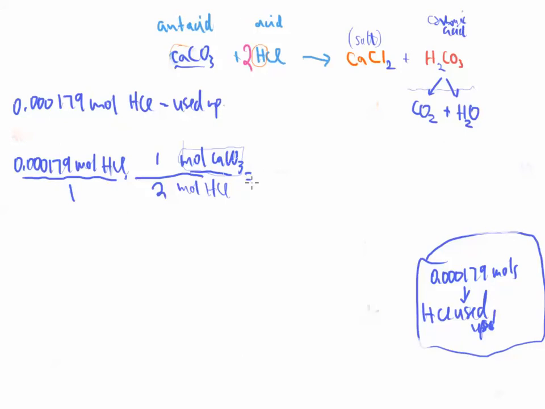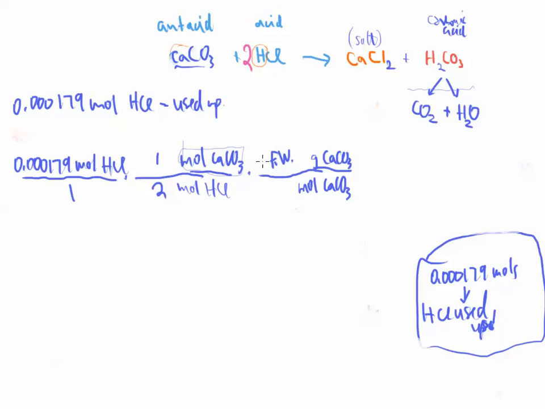But that's not where we want to stop. Where I want to stop is milligrams, because that's how it's going to be on the actual label. I want to calculate milligrams of calcium carbonate here. So I'm going to chain on another dimensional analysis step. Mole of CaCO3 goes here, and I need to convert that over to gram of CaCO3. Now this is formula weight. I'm not going to do that for you. I want you to calculate or find the formula weight yourself.